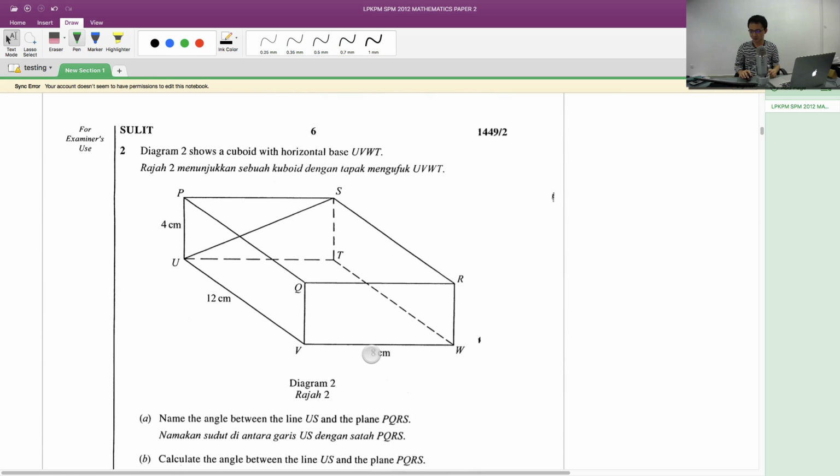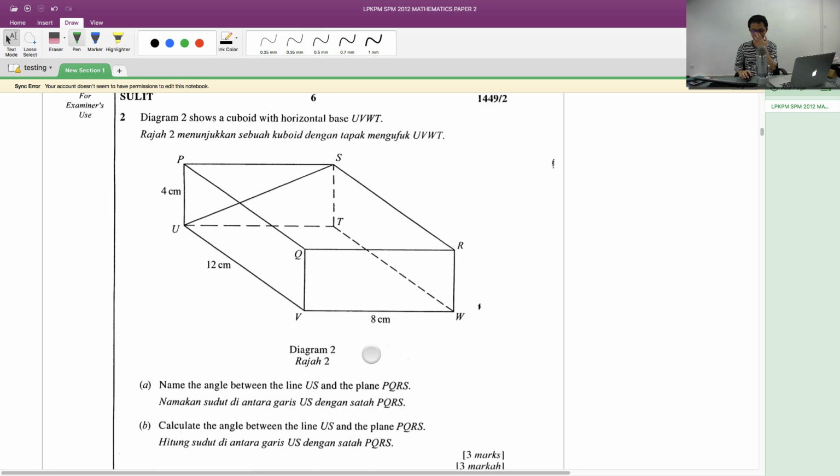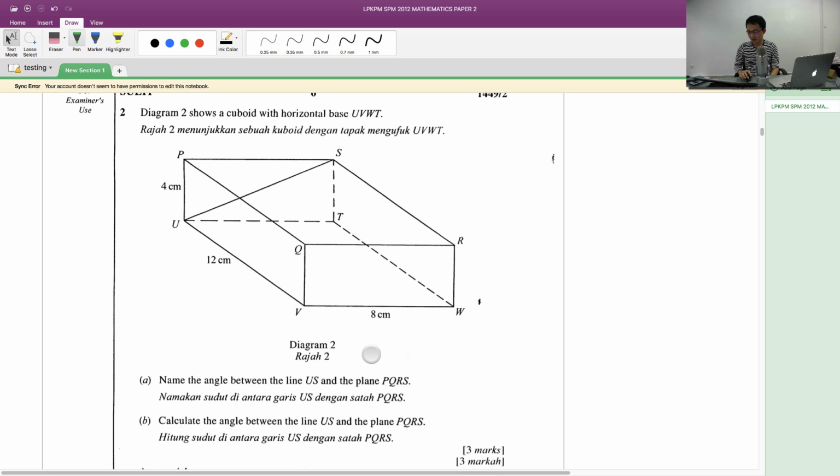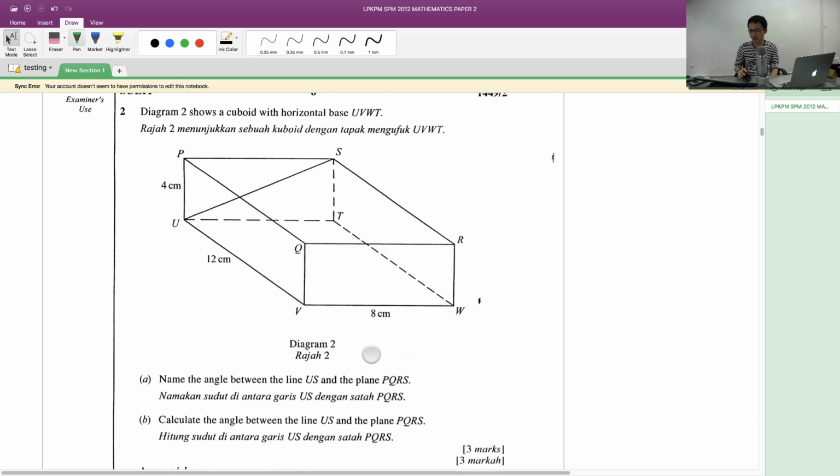Okay, number 2. I guess a lot of students just don't like this chapter. Alright, diagram 2 shows a cuboid with the horizontal base UVWT. Name the angle between line US and PQRS.